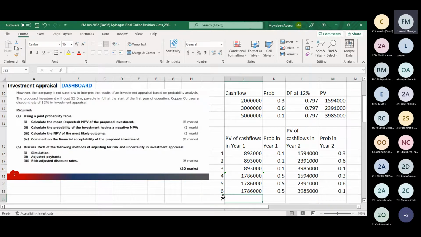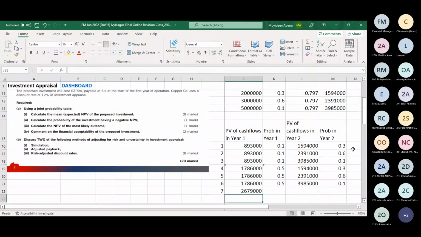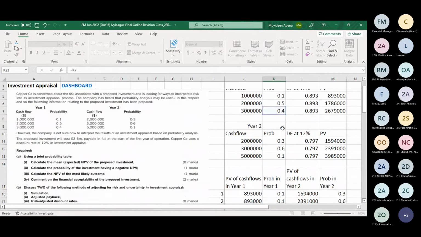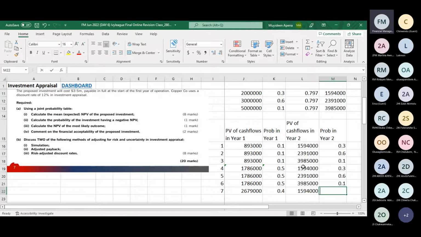The seventh scenario is that the first year value could be 2,679,000 at a probability of 40%, and year 2 will start with 1,594,000 at a probability of 30%.